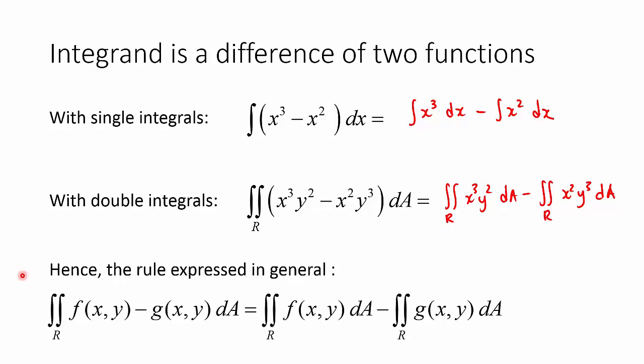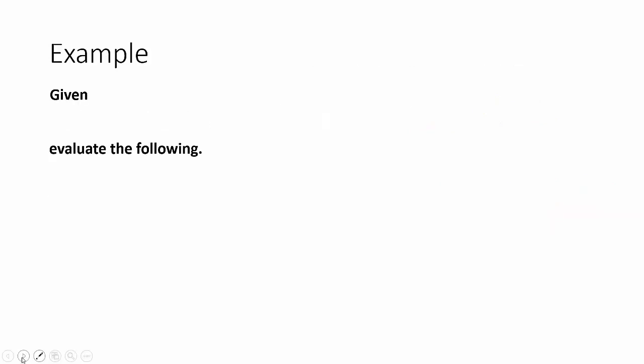Again, we may express this rule in general like this. The integral of f minus g is the integral of f minus the integral of g over the same region R. With these rules, let us try an example.